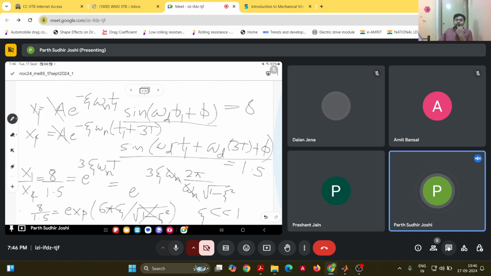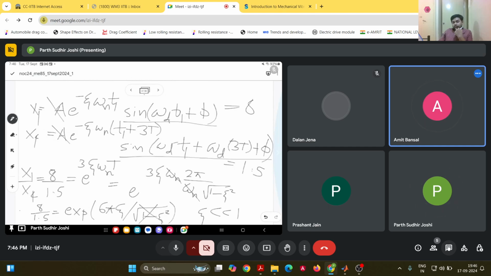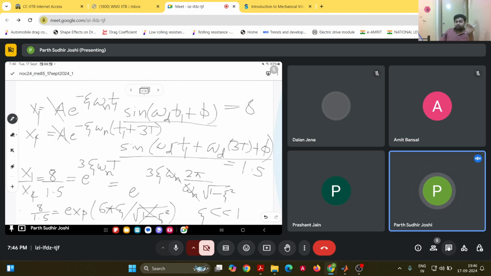But if one is able to remember, then it's well and good, there is no need to go through this process. But when you memorize and apply a formula, we have to be careful about what situation you are applying it in and what the formula was derived for. So just be careful about that.